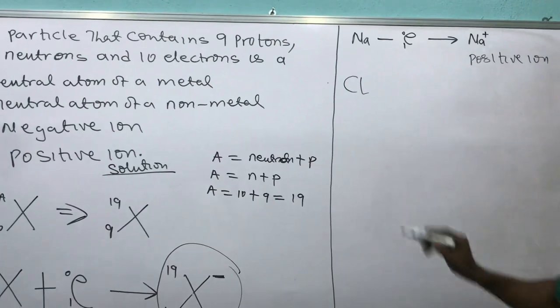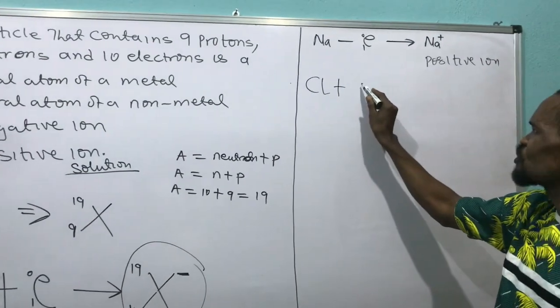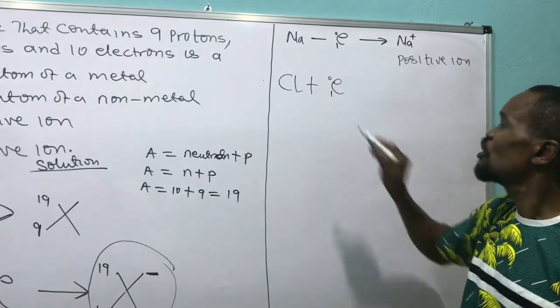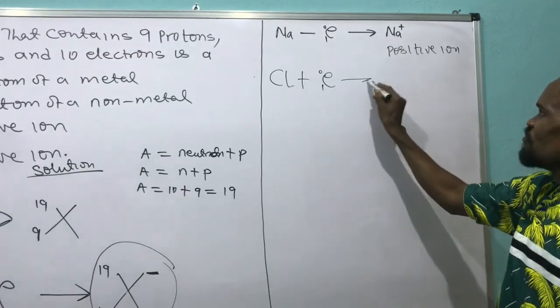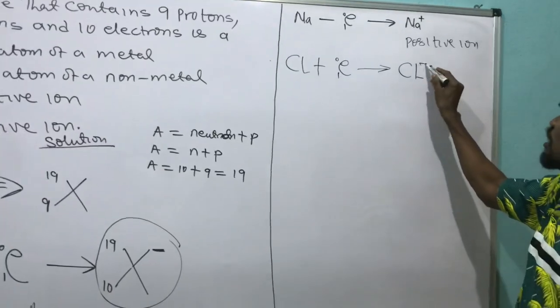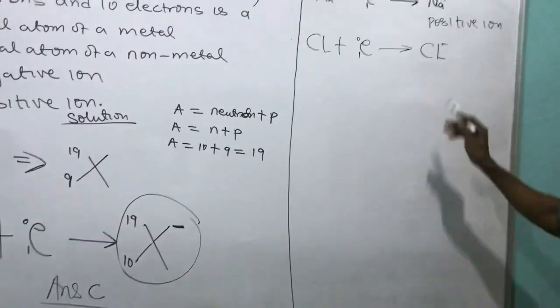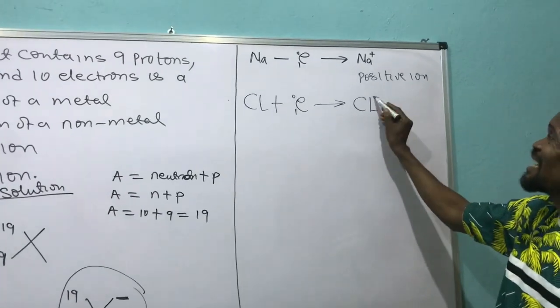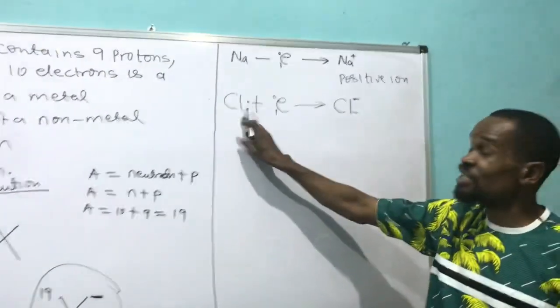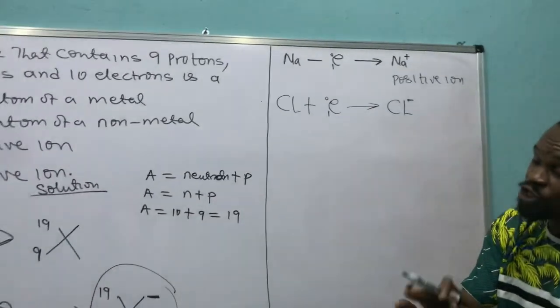Then what of chlorine? Chlorine is a non-metal, which means it gains electrons. Non-metals gain electrons, while metals lose electrons. This chlorine gains an electron to give me chlorine minus. I know what I'm saying now. And that shows that this element has gained an electron and has an excess electron. Before getting the electron, the number of protons and number of electrons are the same.